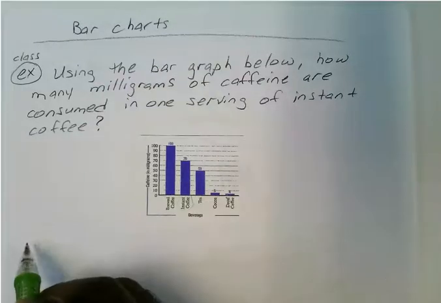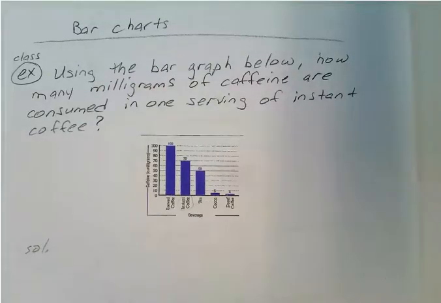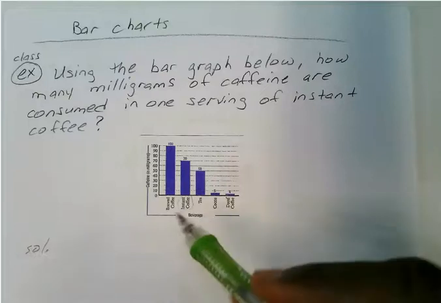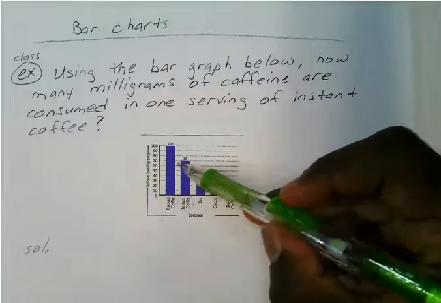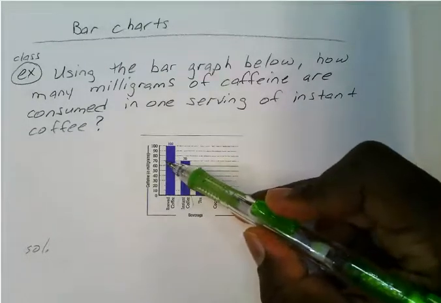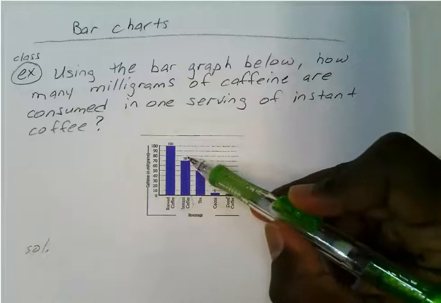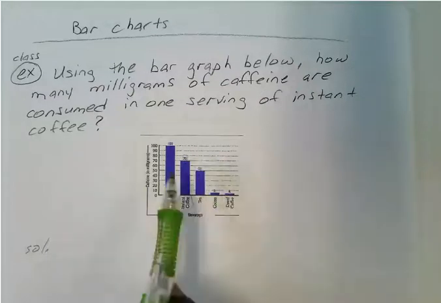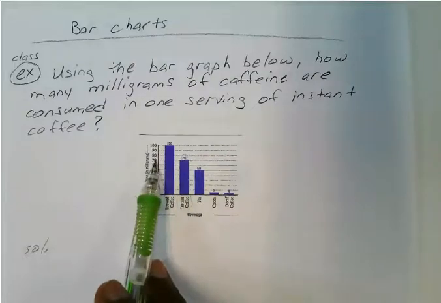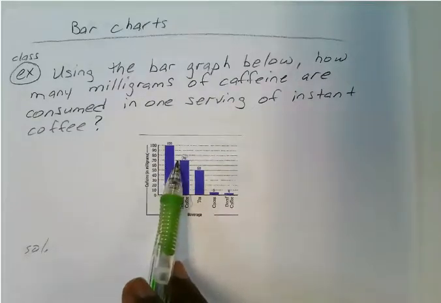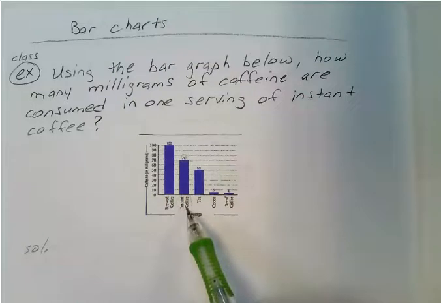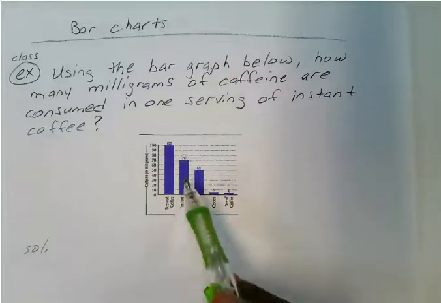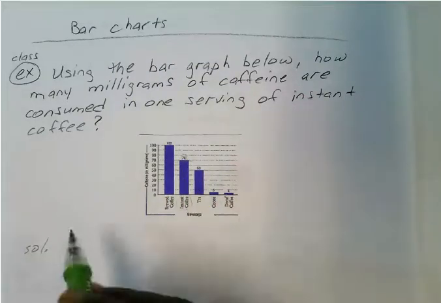All right, so assuming you have paused it, and you see your instant coffee, goes up to the 70 on the bar, plus it's marked 70. But in a lot of cases, they won't have the 70 right here. So you have to just look to the left to see exactly where the top of the bar graph for instant coffee is. Okay, so you see that tops off at 70.